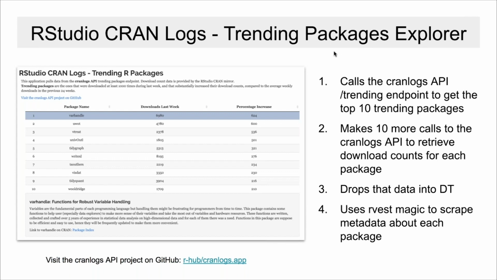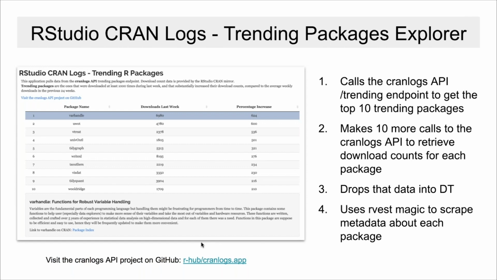And here's what it does. As you can see here in the screenshot, it has this table. It's a DT table, and you can see which R packages have been trending over the last period of time, the top 10, and then click on each of these packages to view a little bit of metadata about what that package is and what it does.